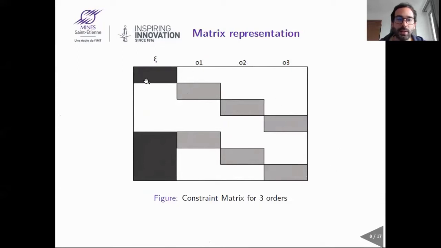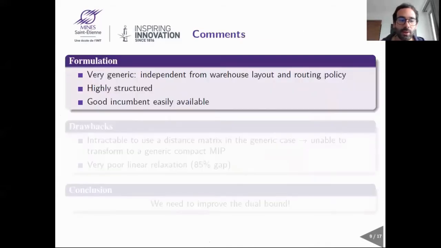So we see that the matrix is highly structured and really prone to decomposition methods. Some comments about this formulation: it's really generic, independent from both the warehouse layout and routing policy. It's highly structured and an incumbent is easily available. You just need to give an assignment plan and then the other variables follow to give a feasible solution.